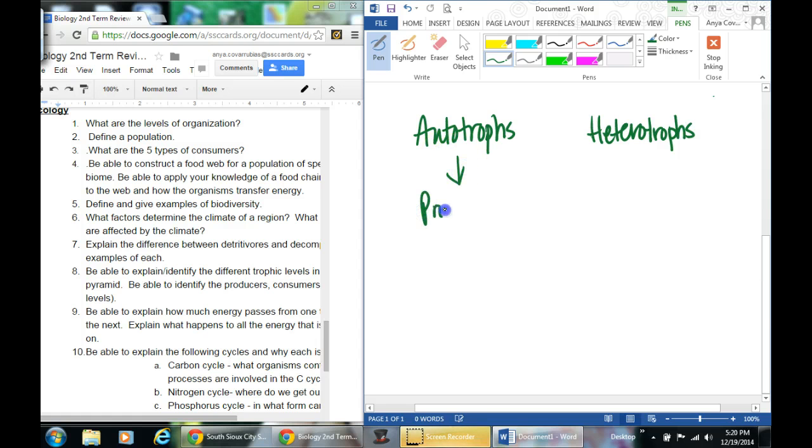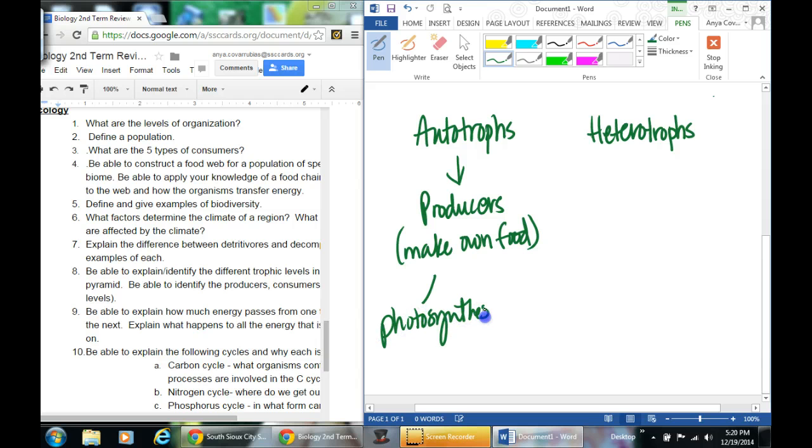Autotrophs are going to be our producers that make their own food in two main ways. They're either going to go through photosynthesis or chemosynthesis, and chemosynthesis is going to be our bacteria. Heterotrophs are going to be our consumers, and we have five of them.